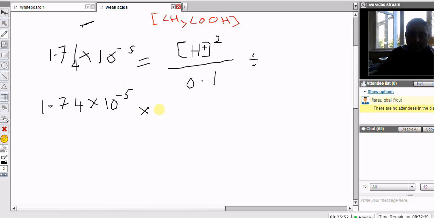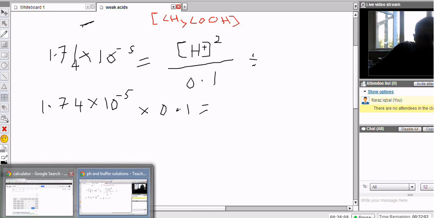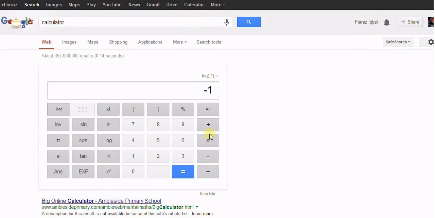And this will give us the concentration of hydrogen ions squared. Okay, so what do we do? 1.74 times 10 to the minus 5 times 0.1.